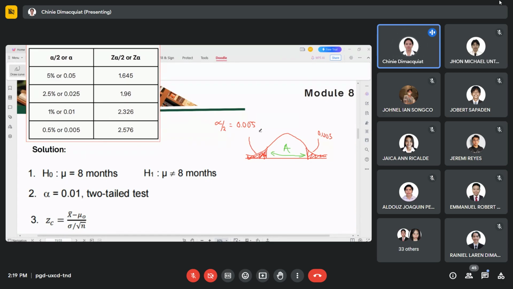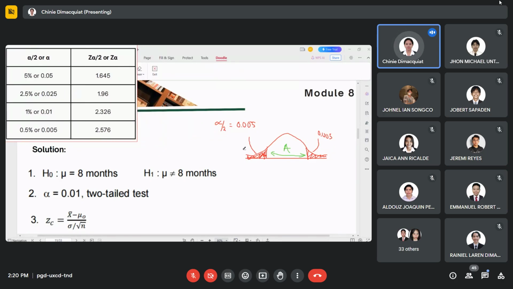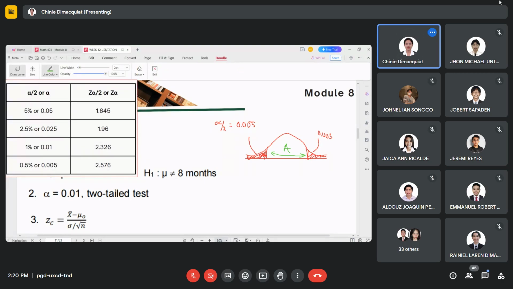0.005 yung ating alpha over 2. And then yung ating corresponding z alpha over 2 ay 2.576. So therefore, ito ay 2.576 para sa kanan and para naman sa kaliwa, we'll have negative 2.576.